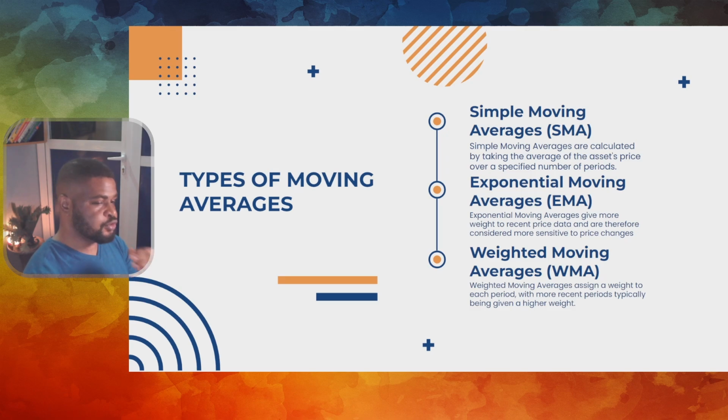You'll get more details shortly. The exponential moving average gives more weight to recent price data and is therefore more sensitive to price changes. Then the weighted moving average assigns a weight to each period, with more recent periods typically being given a higher weight.